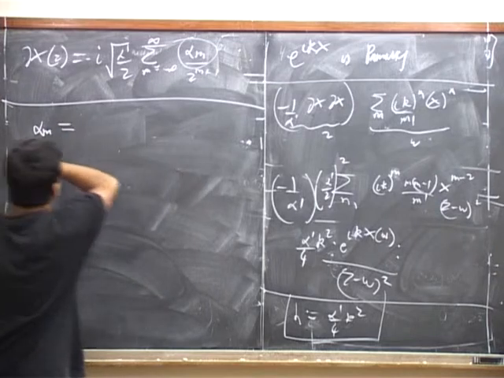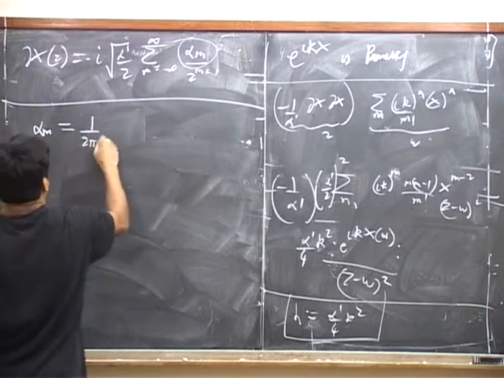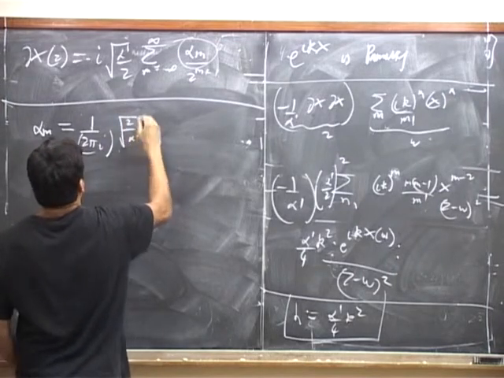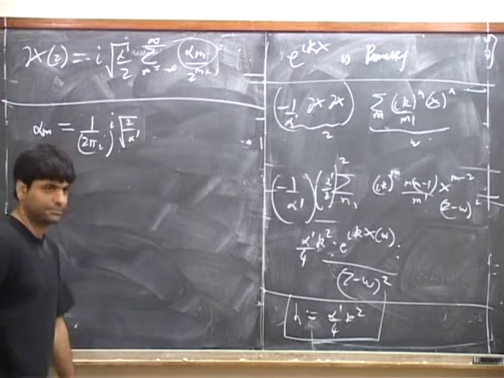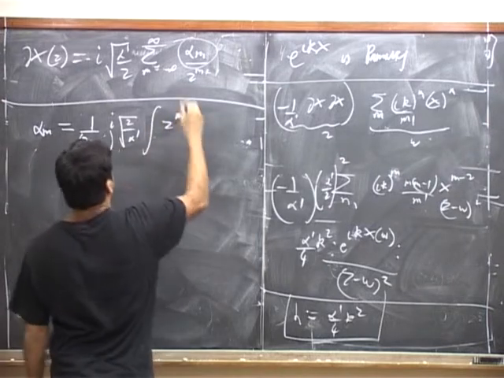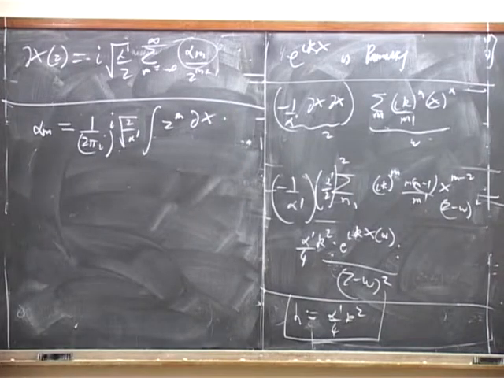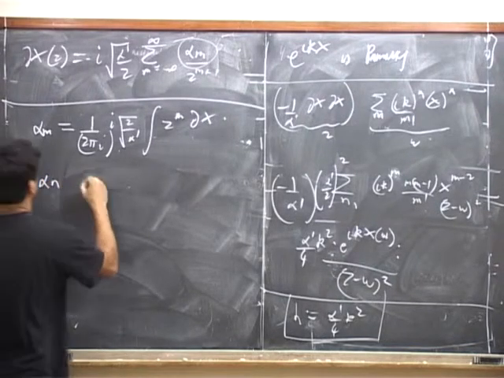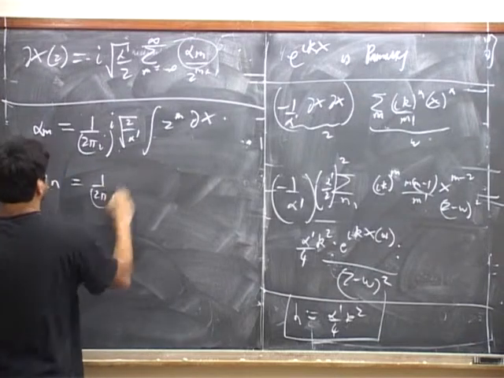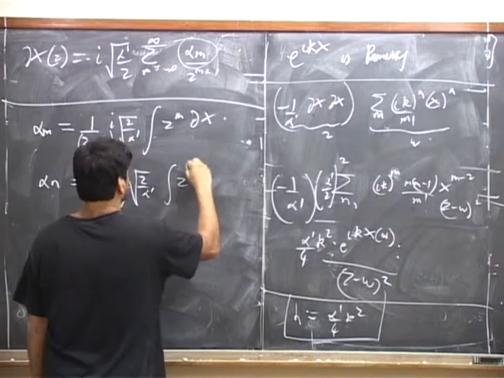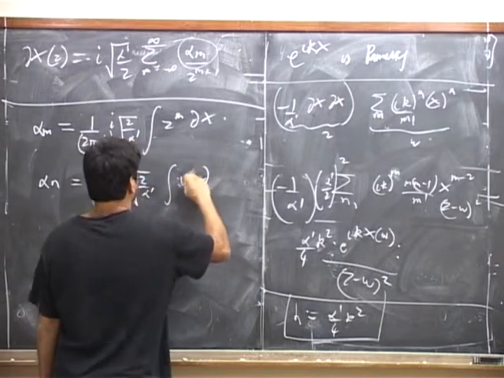Okay, that is equal to 1 by 2 pi I times 2 by alpha prime times I times the integral of z to the power m del x. Alpha n is the same thing.